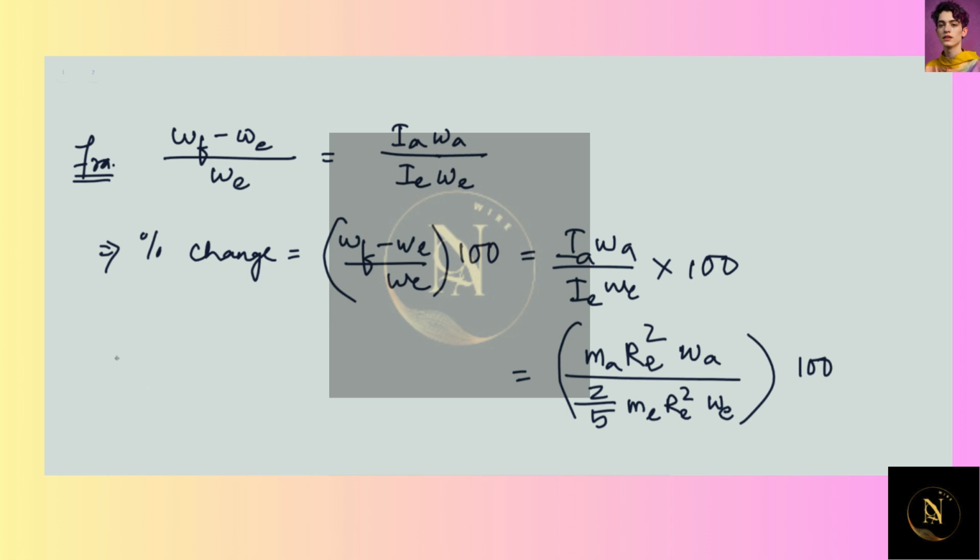Now we know that omega A can be written as the velocity of the asteroid over the radius of Earth.